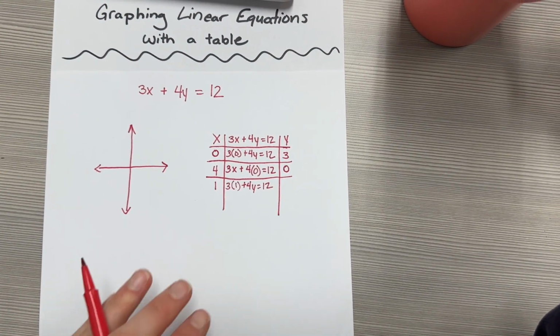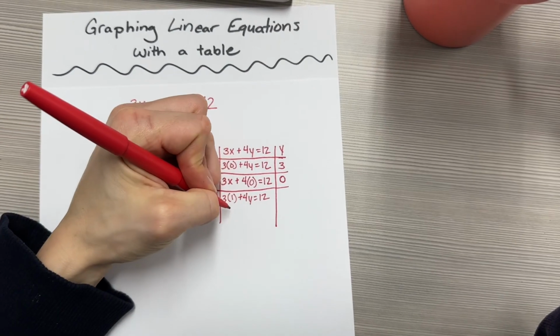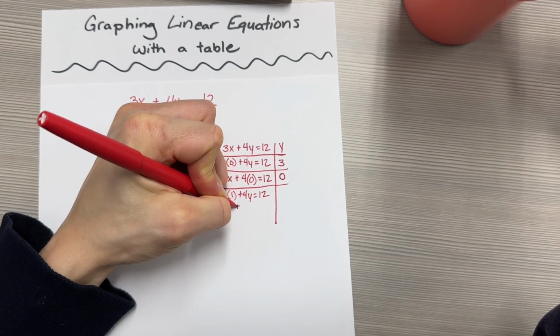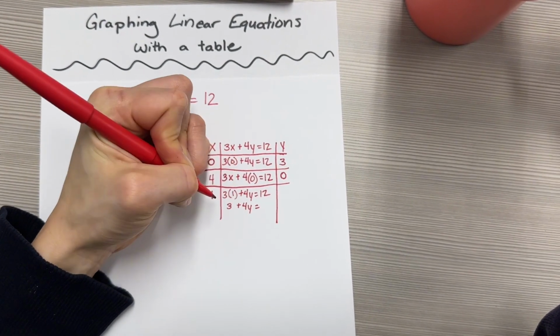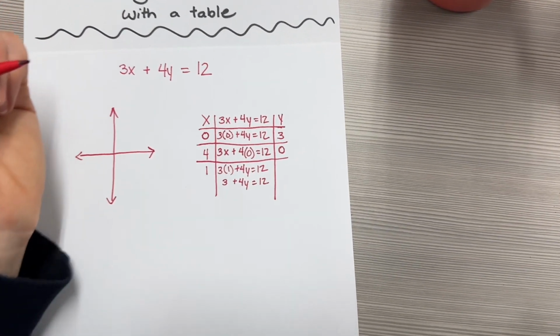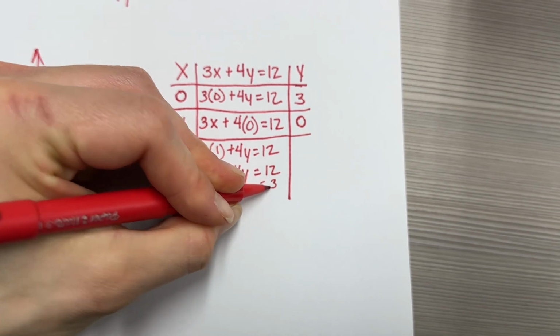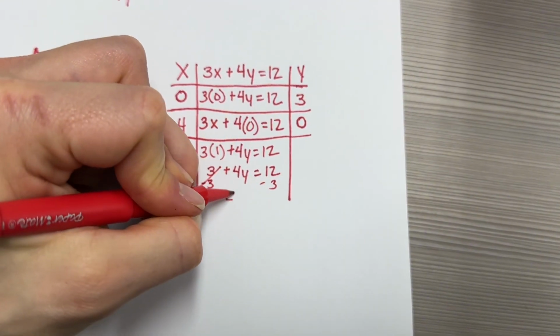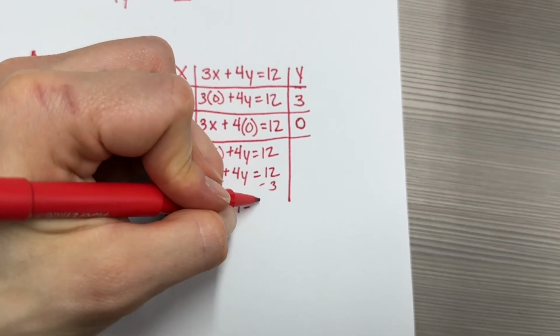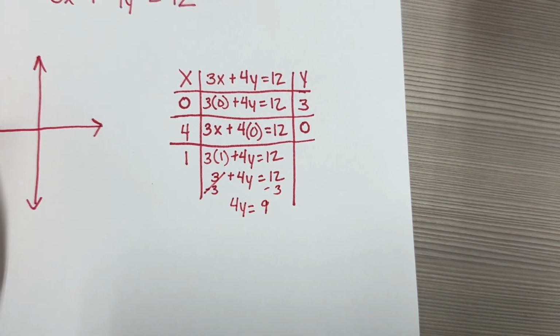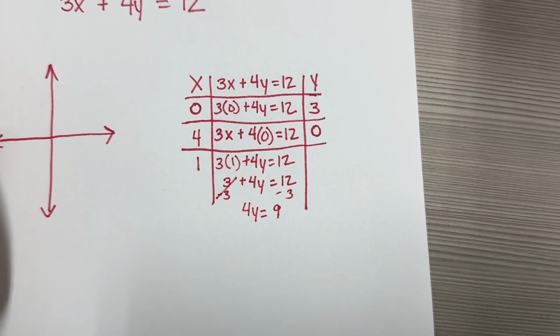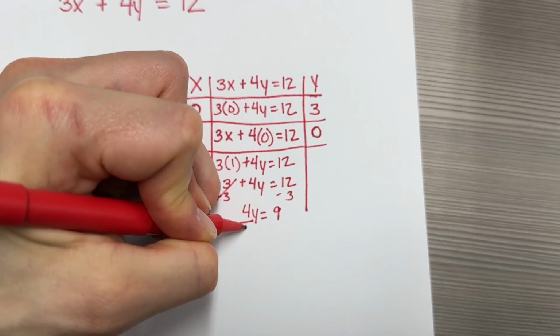I'm going to have to actually solve this out like a normal problem at this point. So this is going to be 3 plus 4y equals 12. We're trying to solve for y, so we need to subtract the 3 from both sides. That's going to give me 4y is equal to 9. Ooh, maybe 1 was not a good option because this is going to come out to be a fraction.